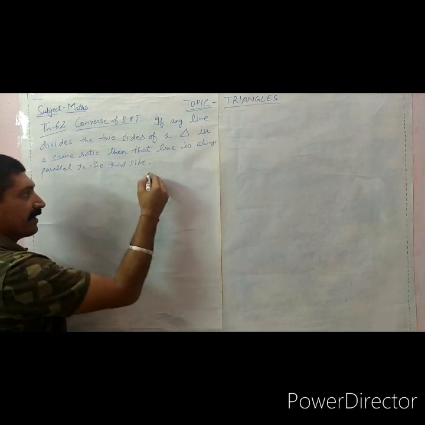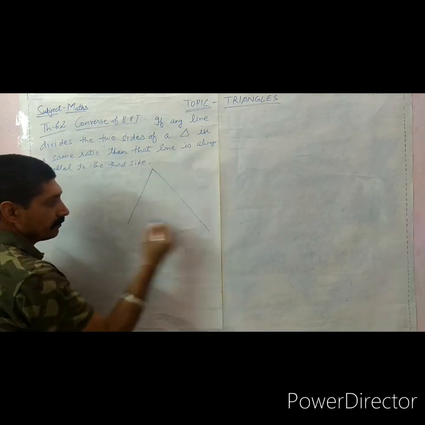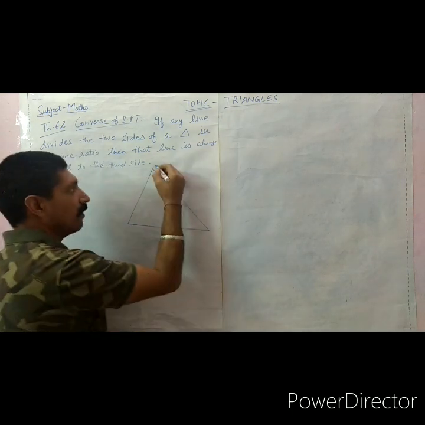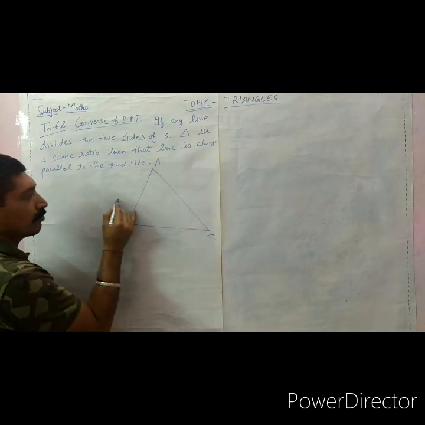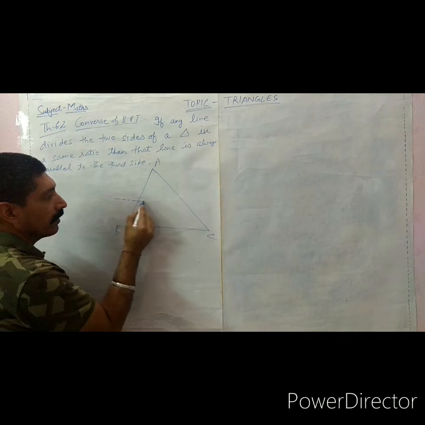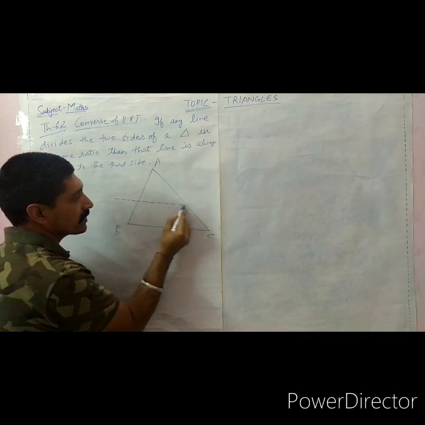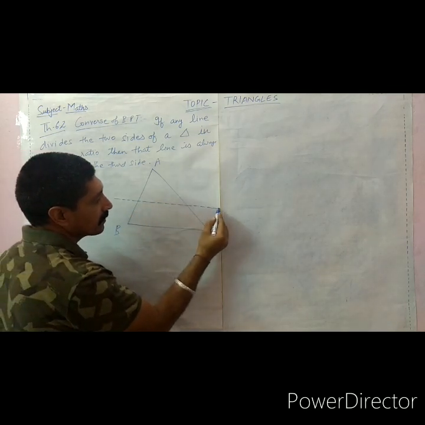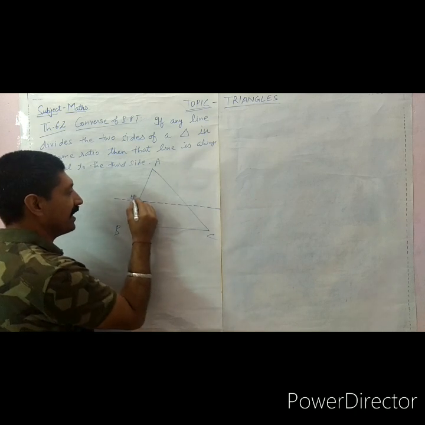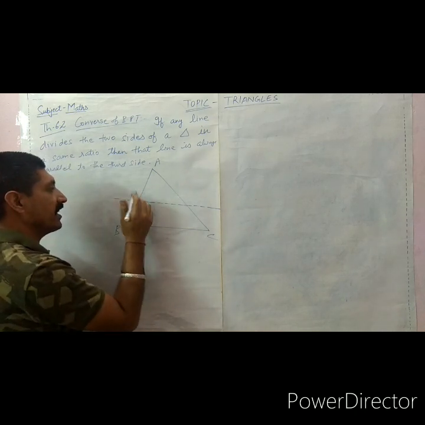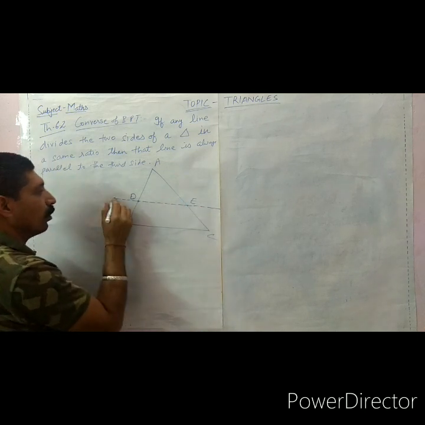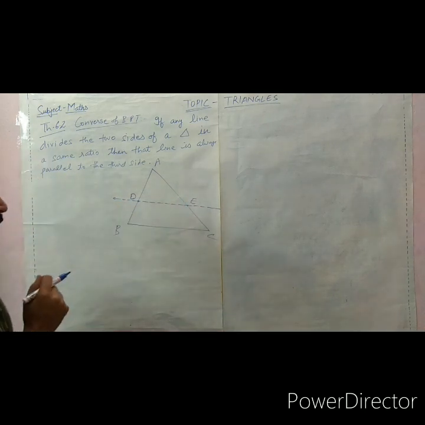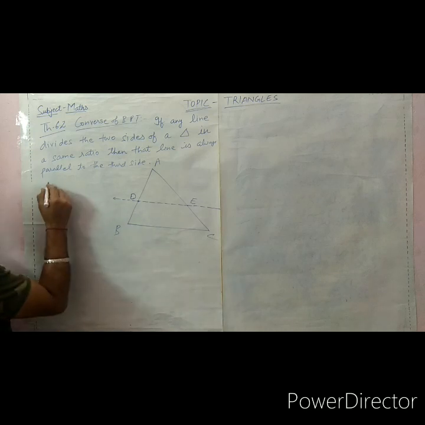Let's take one triangle here. Converse of BPT we are proving. ABC is a triangle, and draw a line here such that one point is D here and another is E here. Now start the proof of the theorem.